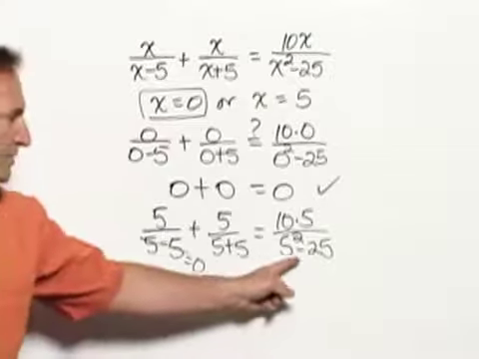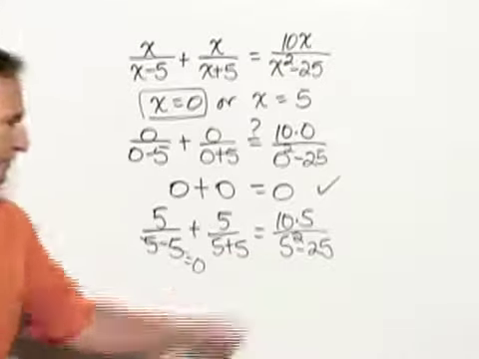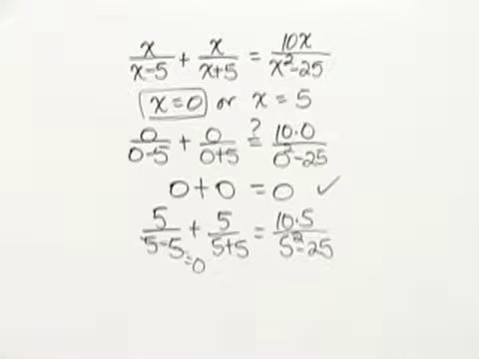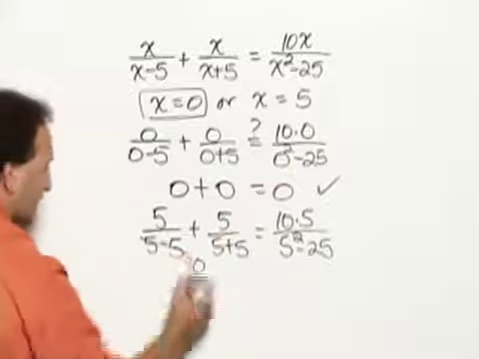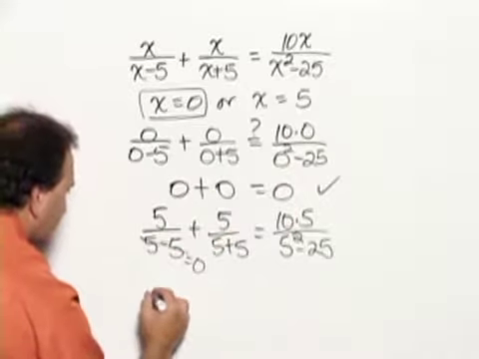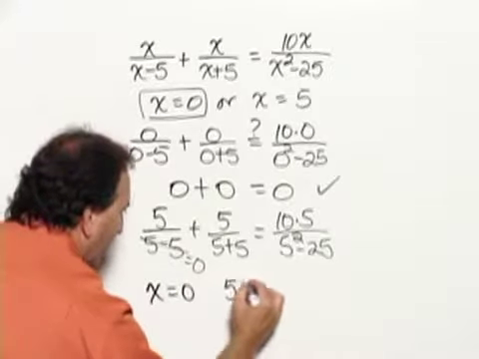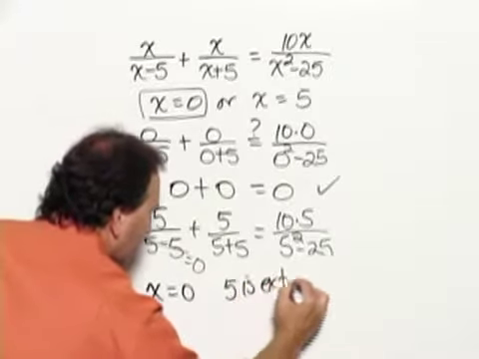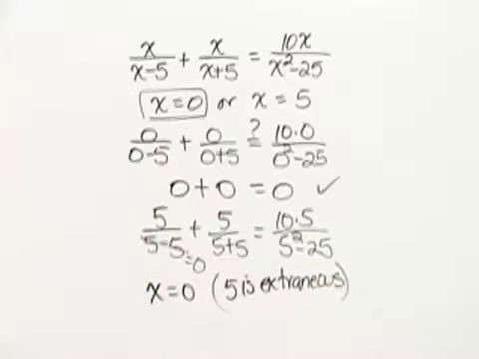At the same time, you'll notice over here, we're going to have 25 minus 25, yielding a 0 in the denominator, so this also would be undefined. What that tells us is that 5, the answer 5, is an extraneous solution. So we have x equals 0, and 5 is extraneous. So the only solution is x equals 0.